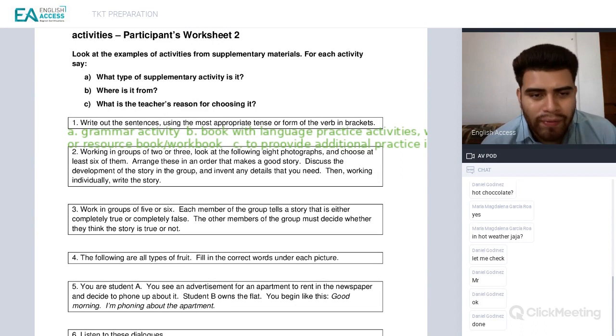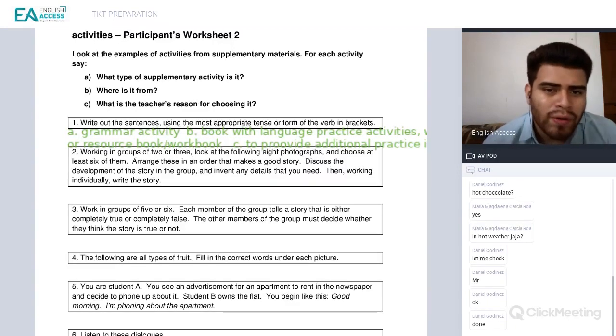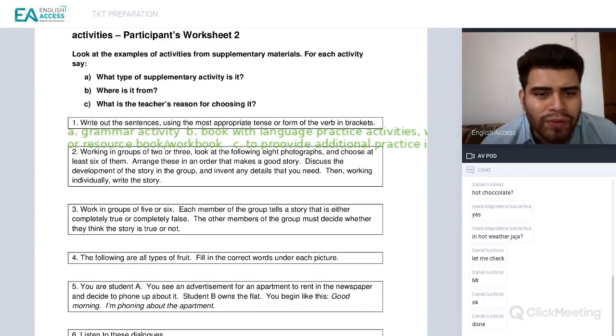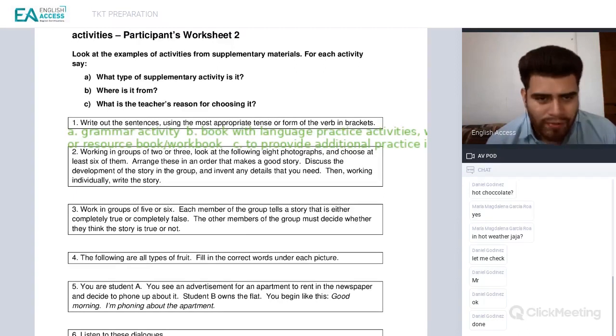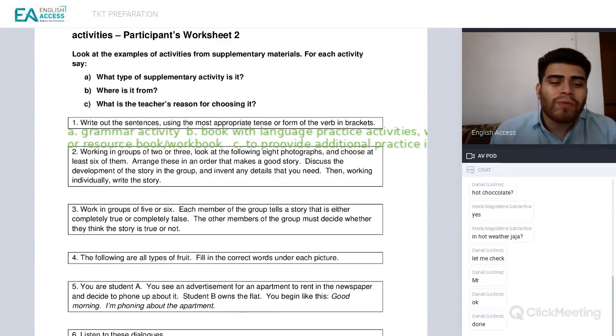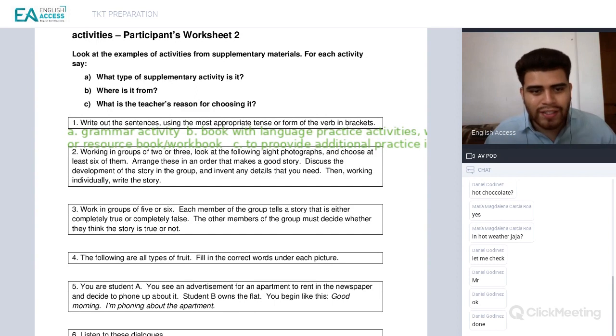It can be from a book with language activities, a website or a resource book, a workbook. And what is the teacher's reason for using it? To provide additional practice in tenses. All right? Now, the reason why I'm going to help you with 1, 2, 3, or 4 is so you can get an idea of what we have to do, because these are very broad statements.